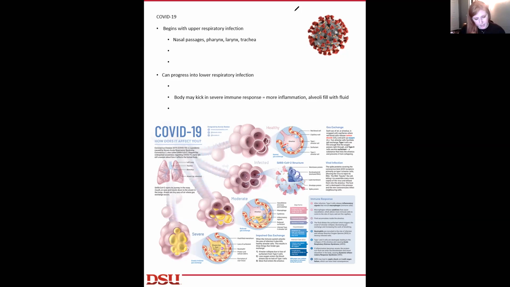COVID-19, again, a type of coronavirus, begins as an upper respiratory infection and has symptoms that you would associate with the common cold. Okay, the pharynx, the larynx, the trachea, the nasal passages. In other words, sore throat, laryngitis, and runny nose. Stuff like that, and in its various forms.